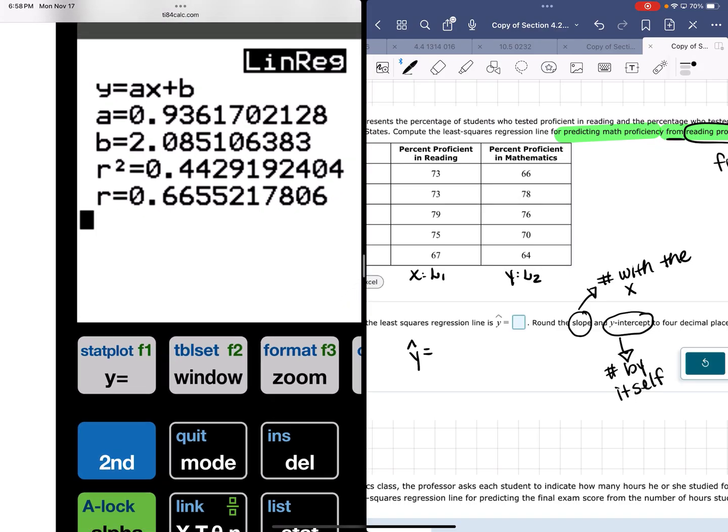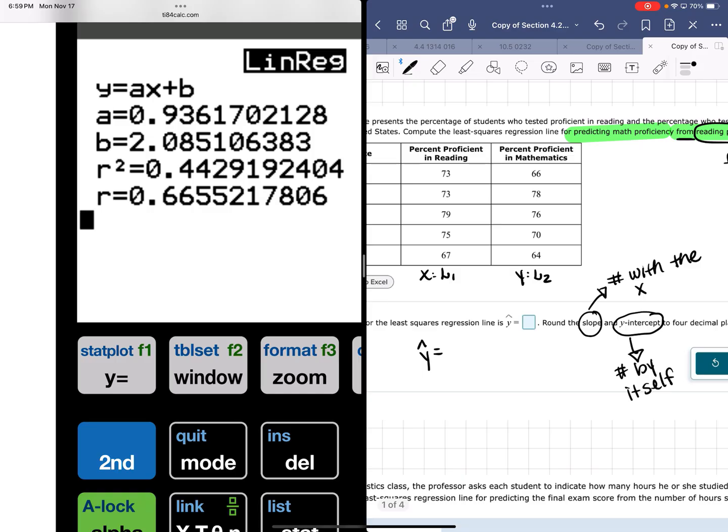Okay? And honestly, guys, it really doesn't matter if you remember that for sure. Just make sure you put the right numbers in the right spots. Okay? So you see that A is going with X here. It says round it to 4 decimal places as needed.